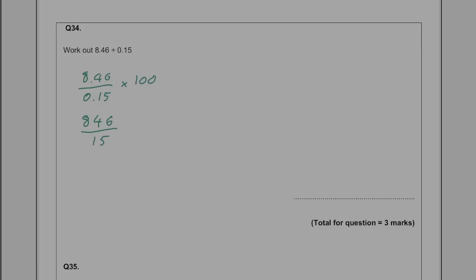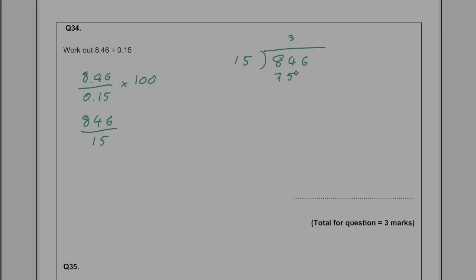And then I can do that division. I'm not overly confident on my 15 times table, so we could adjust it, but we'll stick with it. So I'm going to do 846 divided by 15. So 15 is going into 84 5 times, which would give me 75.